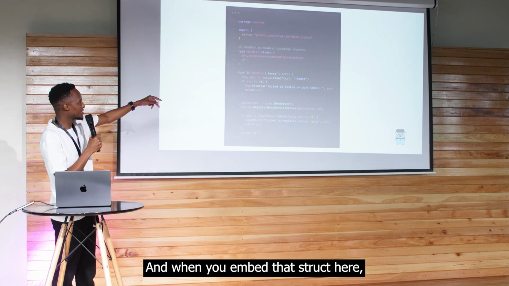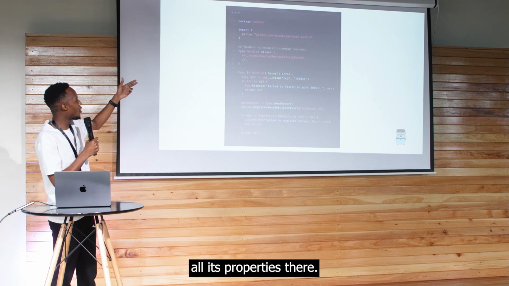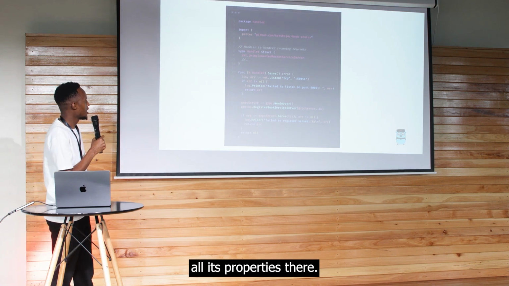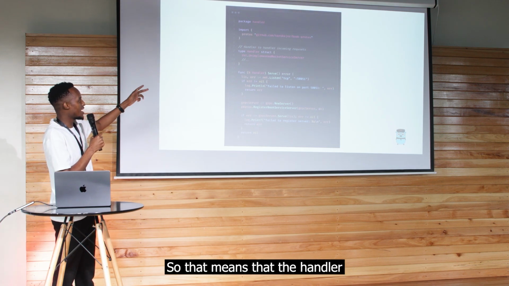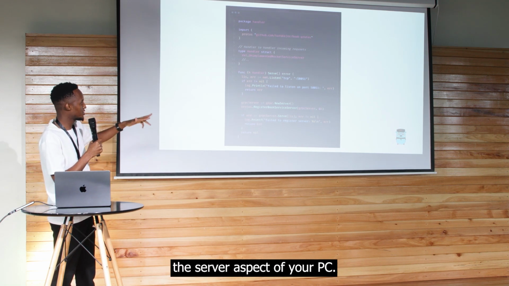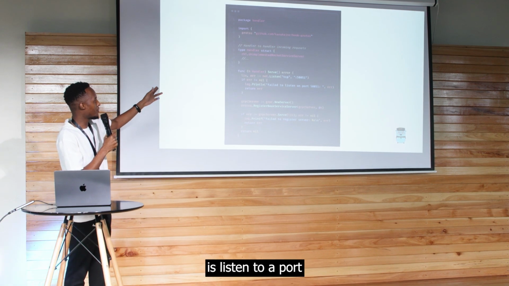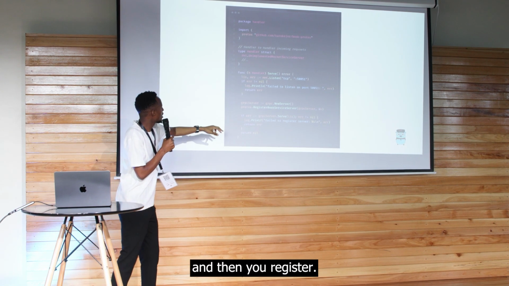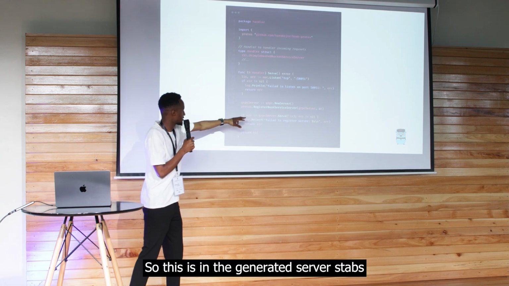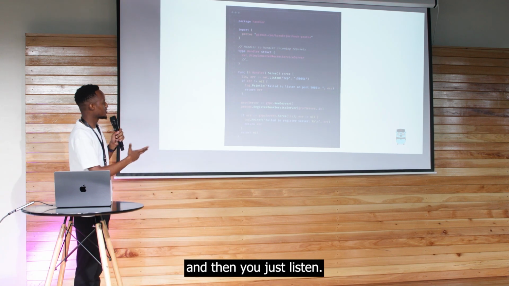When you embed that struct here, it means you're inheriting all its properties. So that means that the handler now implements the server aspect of gRPC. And all you need to do is listen to a port, and then you register. So this is in the generated server stubs. And then you just listen.